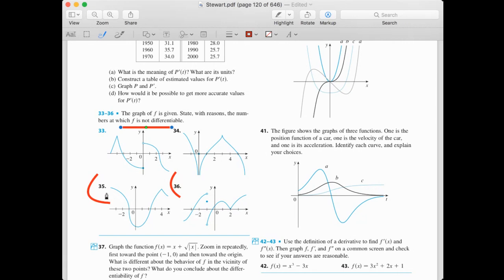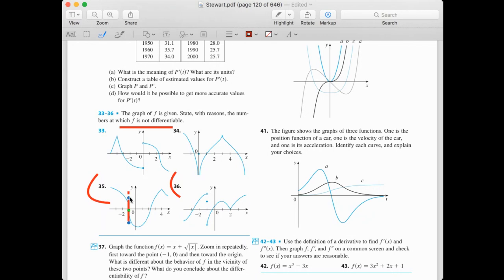Okay. For 35, we have 2 points. At -1, later on we'll call this an inflection point, where the second derivative equals 0. At this point the tangent line is vertical, right?